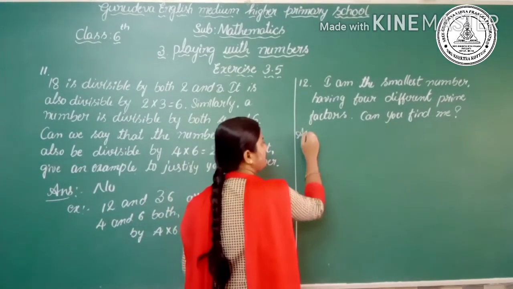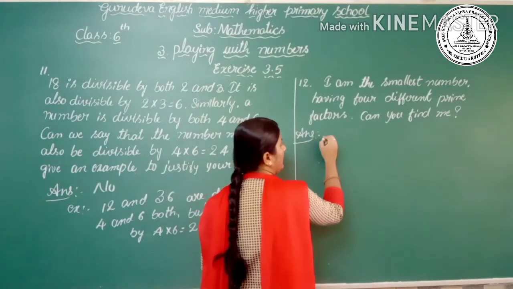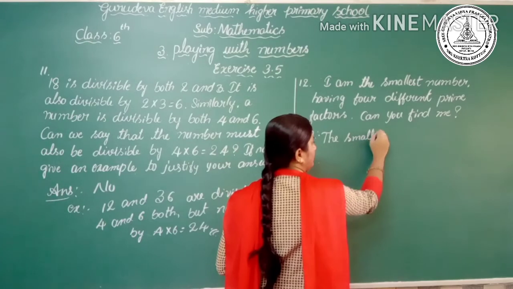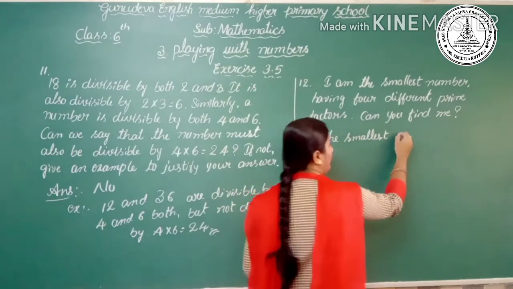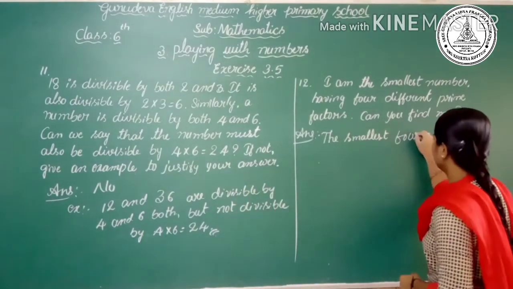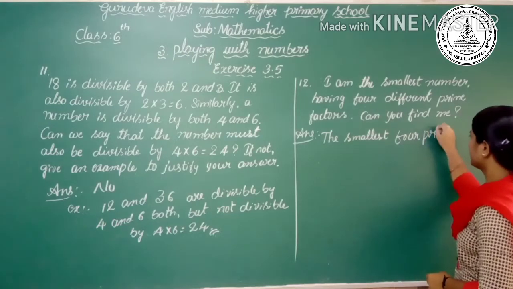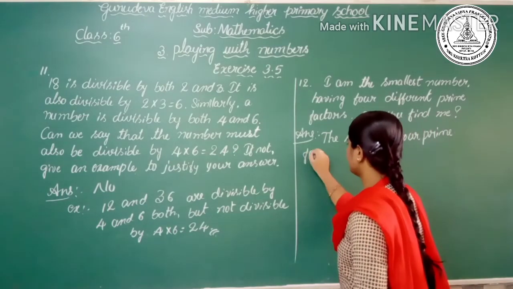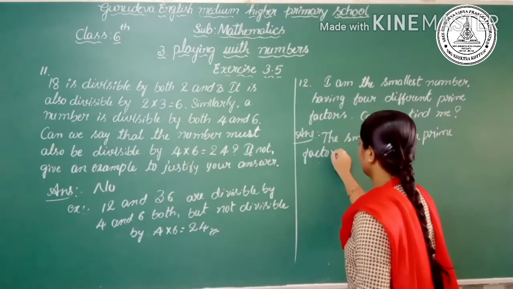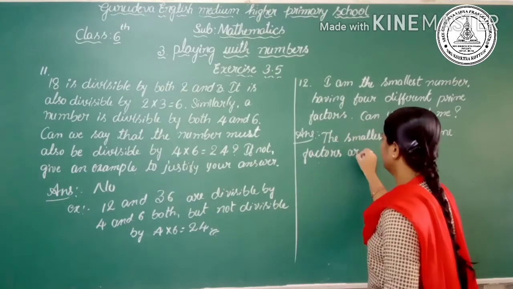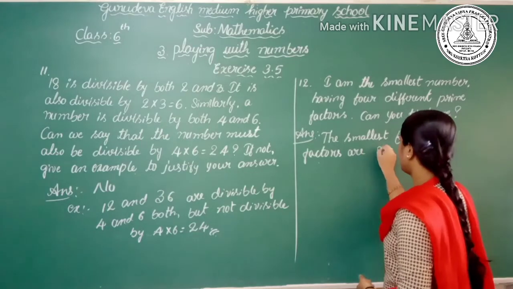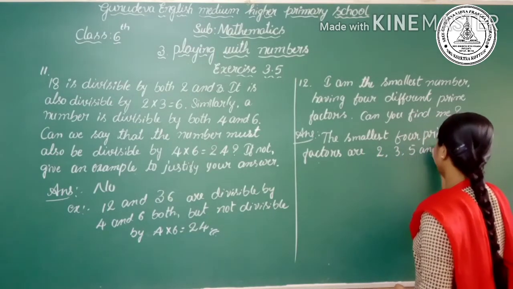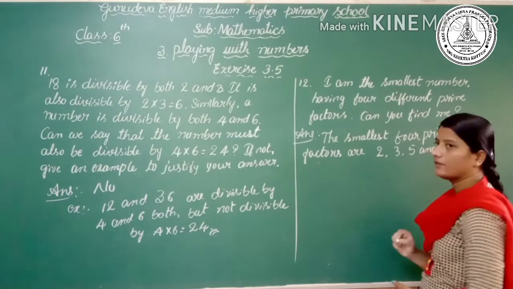Answer: the smallest 4 prime numbers, or prime factors, are 2, 3, 5 and 7.